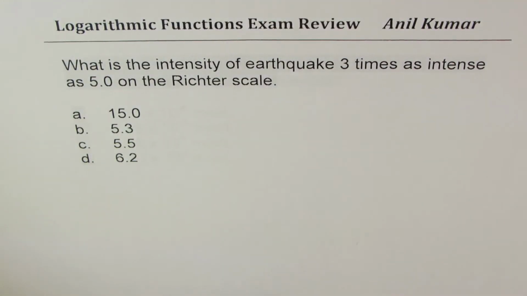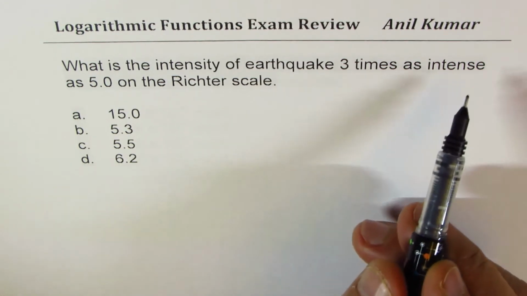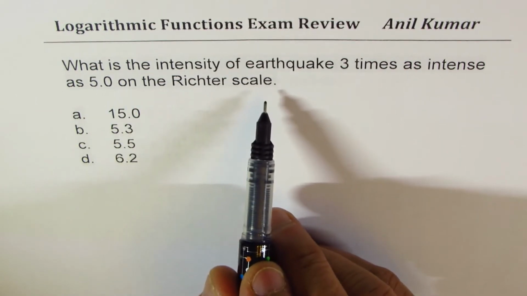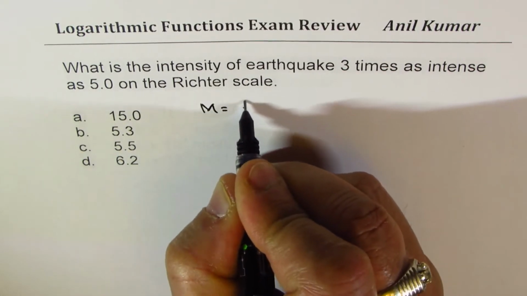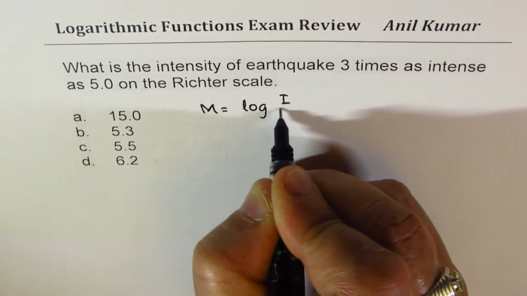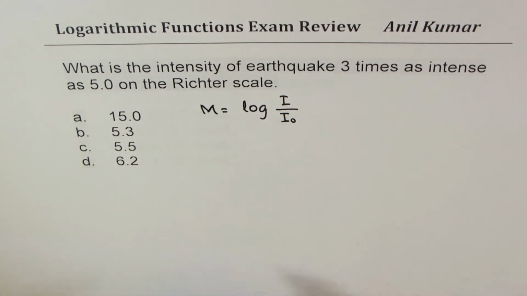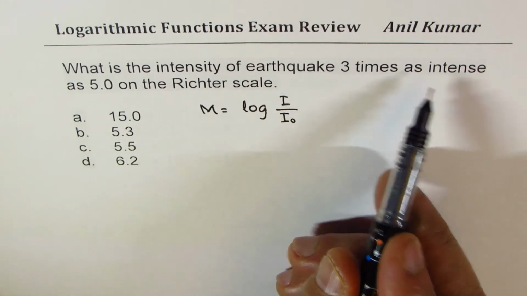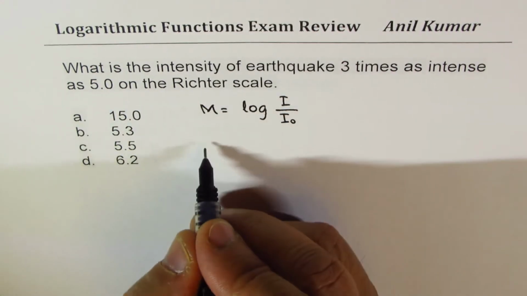Now we have another question on a word problem, which is, what is the intensity of an earthquake 3 times as intense as 5.0 on a Richter scale? So the related formula is M is equal to log of intensity over standard intensity, right? So we are given 5 as the magnitude for one earthquake.